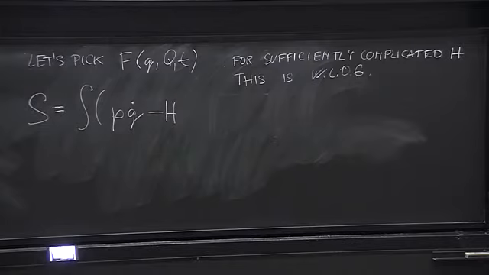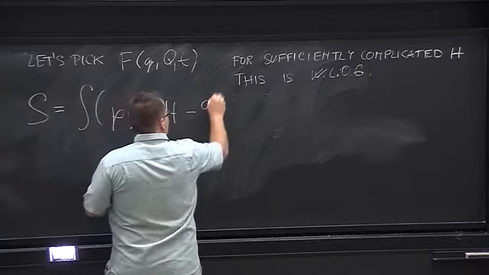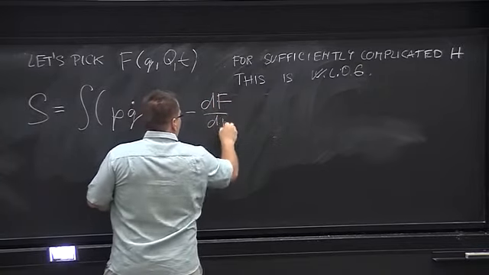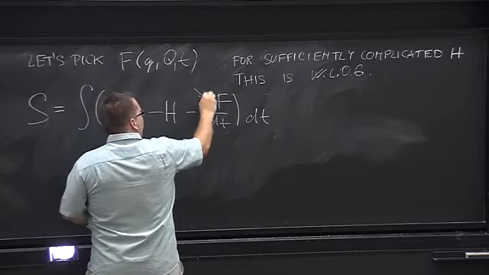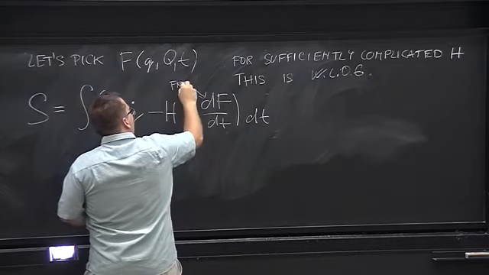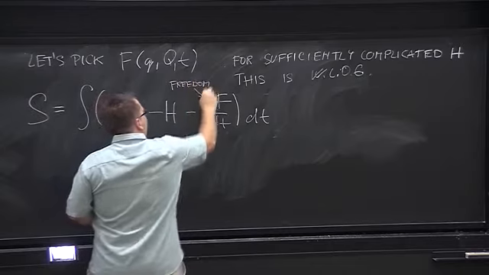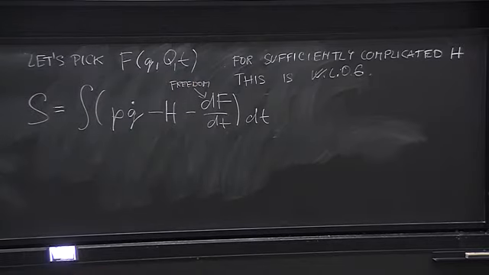Then I can add or subtract a total derivative of a function, and that's what I will do. I'll subtract here. I don't know why, but it doesn't matter. So this is precisely the freedom in the Lagrangian description.